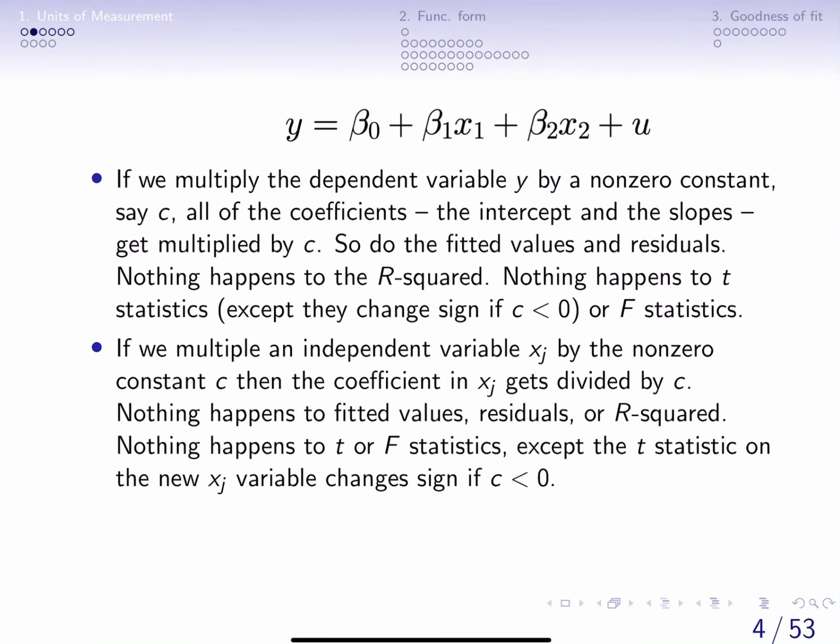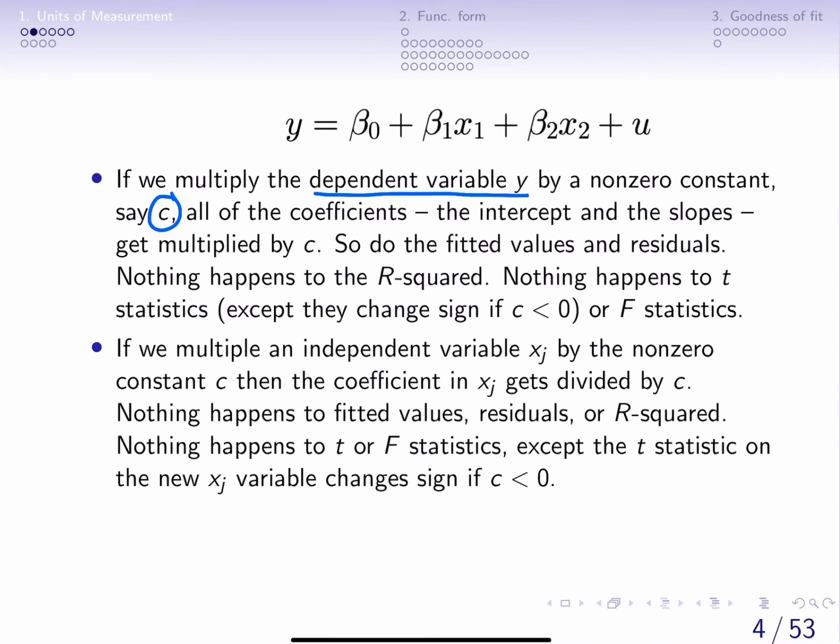And I think what we can do is take a look at this regression right here and try to understand what would happen if we rescaled our variables. Let's start by making the first change, which is to the dependent variable y. Let's assume we want to scale our dependent variable y by a non-zero constant, c. It could be 1,000, it could be 1,000,000, it could be anything.